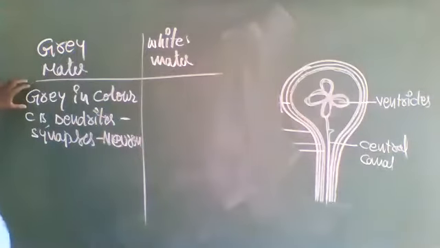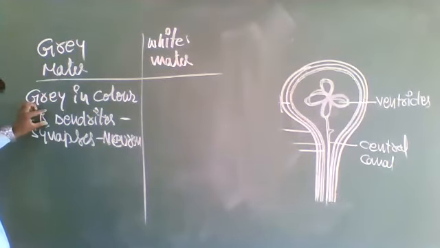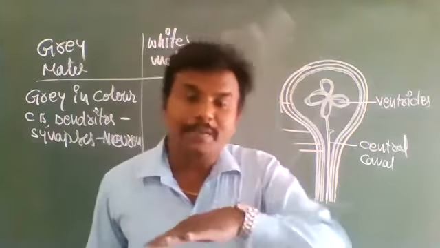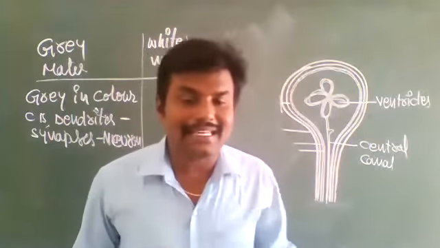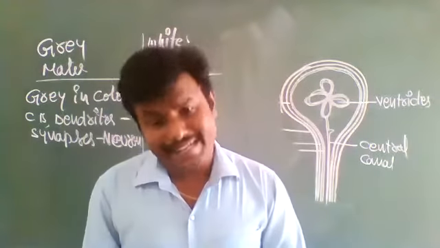Those parts, the cell bodies, dendrites, and synaptic junctions of the neurons, are present in the extremely outer surface of the brain. Therefore, the outer surface of the brain looks gray in color.